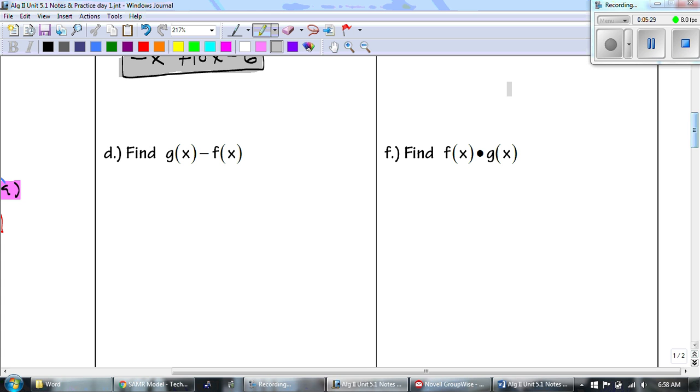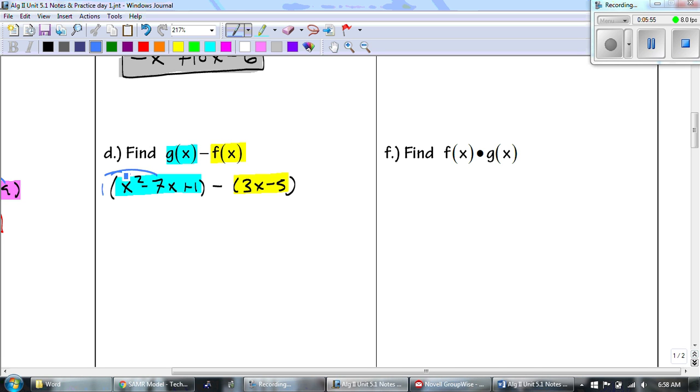Okay, and then g of x minus f of x. Our g of x is the x squared minus 7x plus 1, and I'm subtracting that with 3x minus 5. So there was my f of x, there is my g of x.